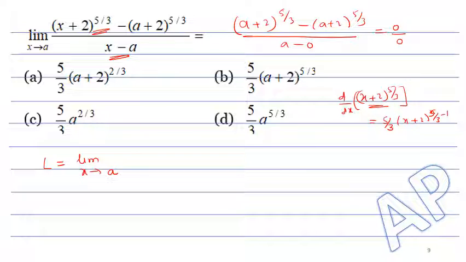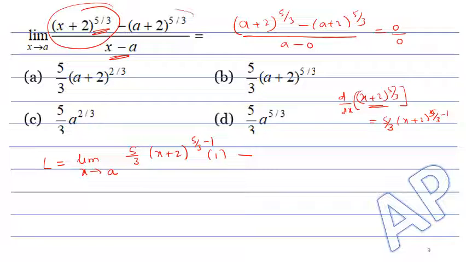So when you differentiate this, you will get 5 by 3 (x plus 2) to the power of 5 by 3 minus 1 into the derivative of x plus 2, which is 1, minus the derivative of (a plus 2) to the power of 5 by 3, which is 0 because it is constant.